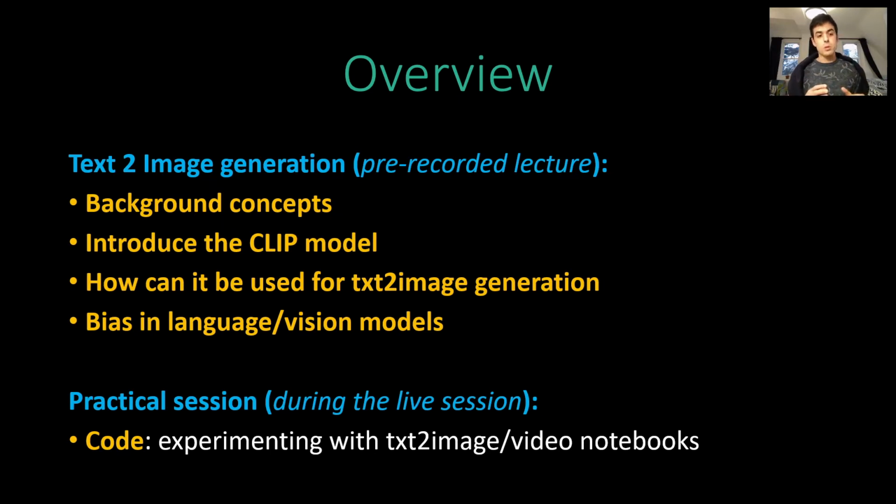And lastly, we will look at some examples of bias in these language vision models. We will also look at some examples in artworks that use these models, and that's basically it for the pre-recorded lecture. Later in the live session, which will be more standardized, we will be looking at one of the text-to-image notebooks and playing around with that.